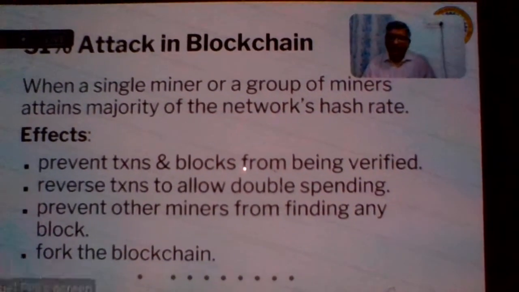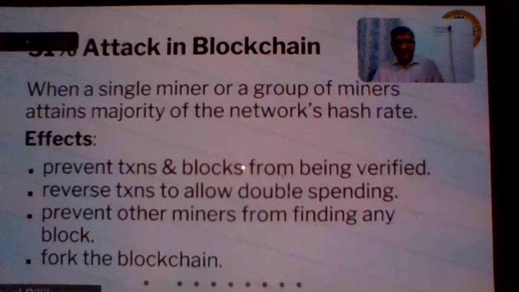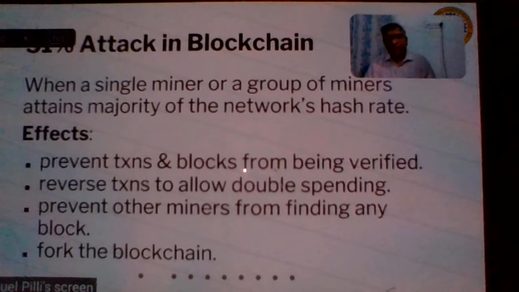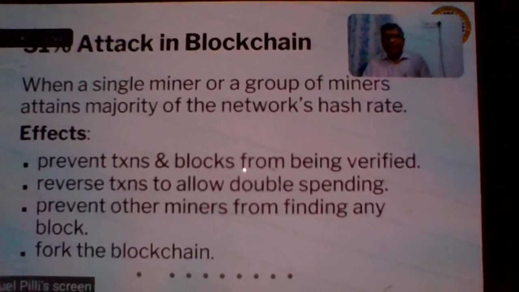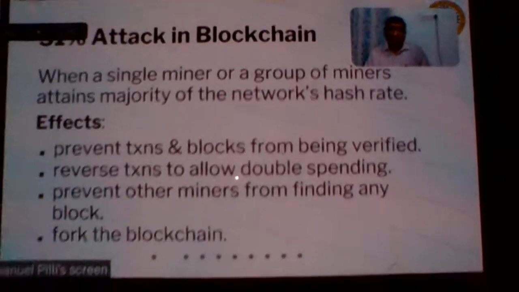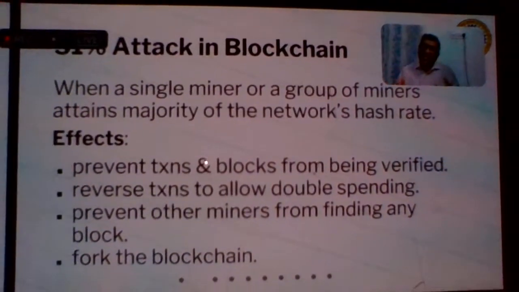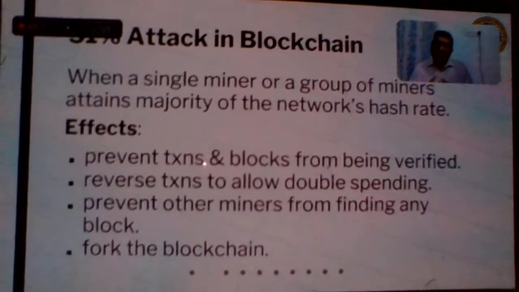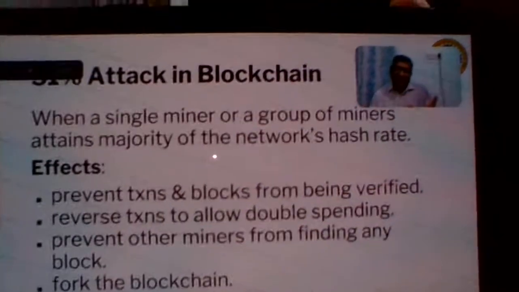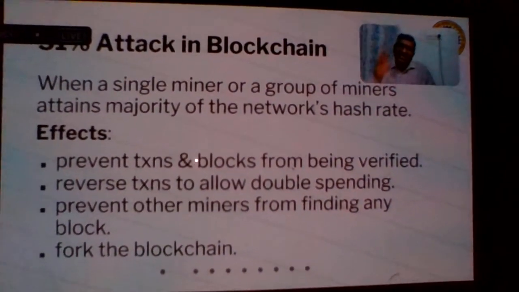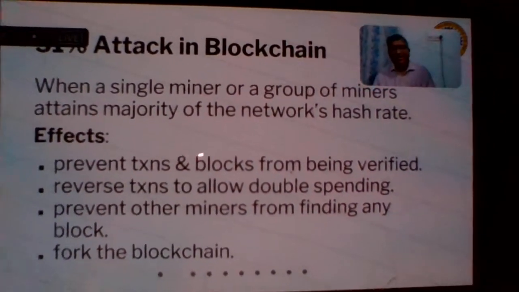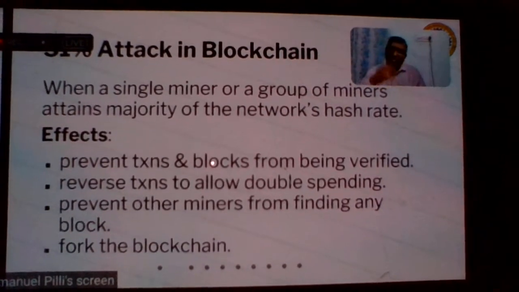So you can prevent the transactions, you can stop the blocks from being verified, and you can reverse the transactions to allow double spending. Some transactions are coming back saying that these are not valid, but then you can again add them to another block and send it, and finally they can get adjusted because other miners will approve the transaction.